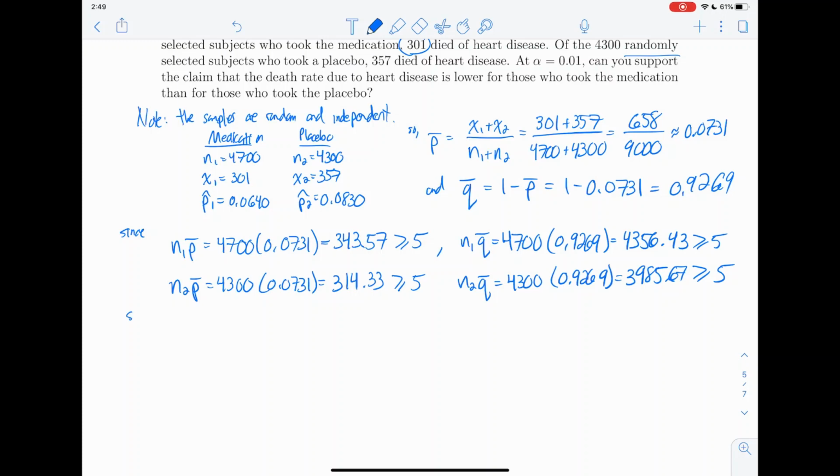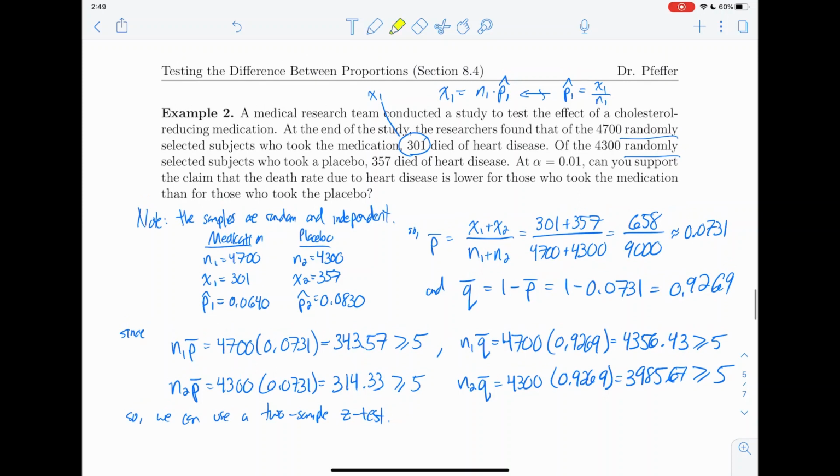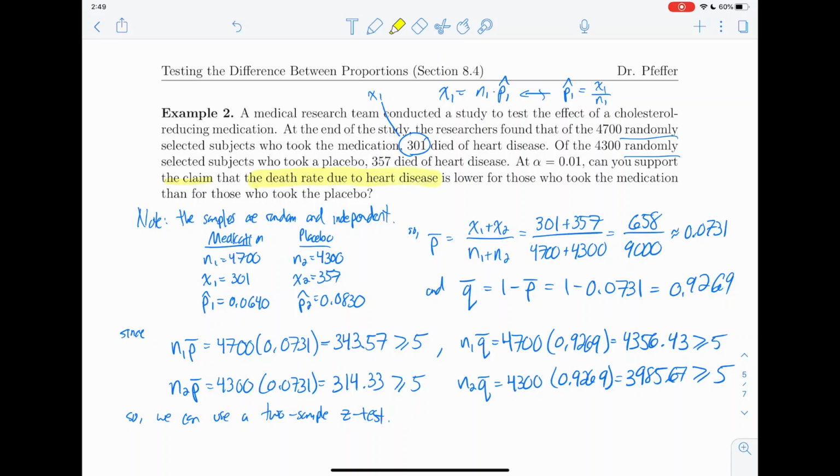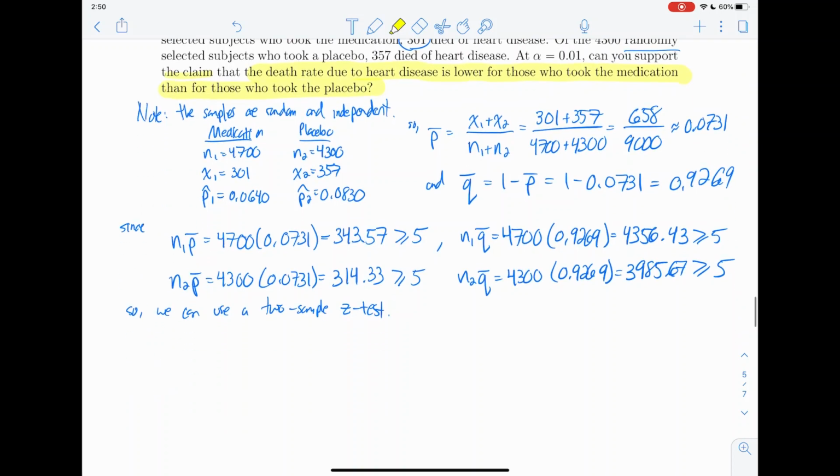So the conclusion is that we can use a 2-sample z-test, meaning we can actually do a hypothesis test. So now we're going to start writing down what our claims are. Looking back at the original problem, we see that the claim is that the death rate due to heart disease is lower for those who took the medication than those who took the placebo.